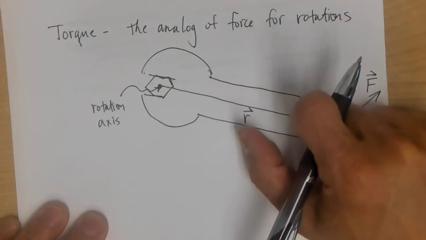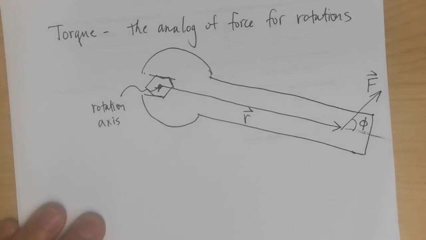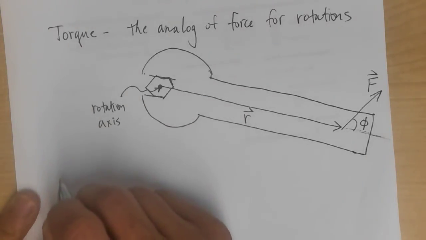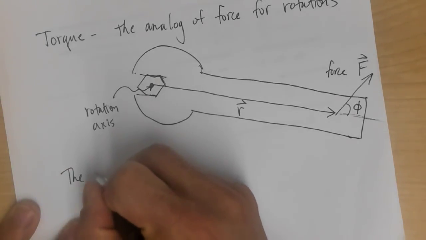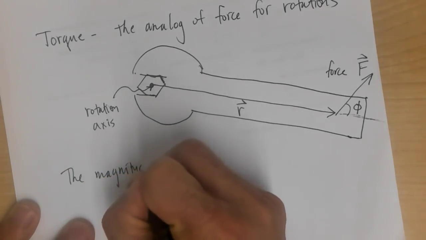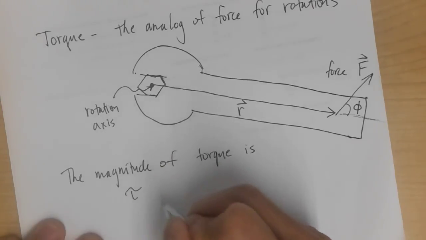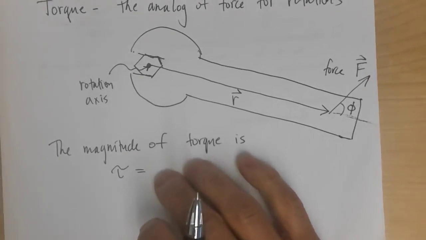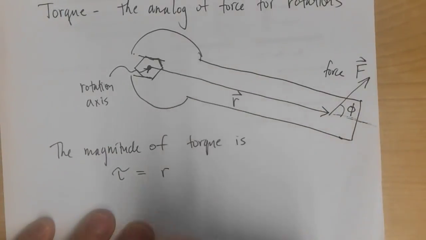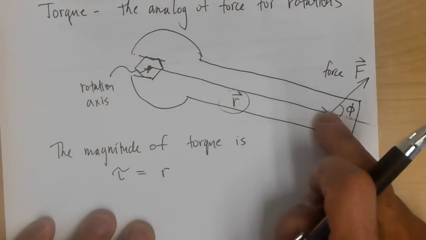Okay, so we have this wrench, we push on it with some force, and there's this distance r between the rotational axis and where the force acts. Then the magnitude of the torque, tau, the small Greek letter tau, is equal to the magnitude of the position vector r from the rotation axis to where the force acts.